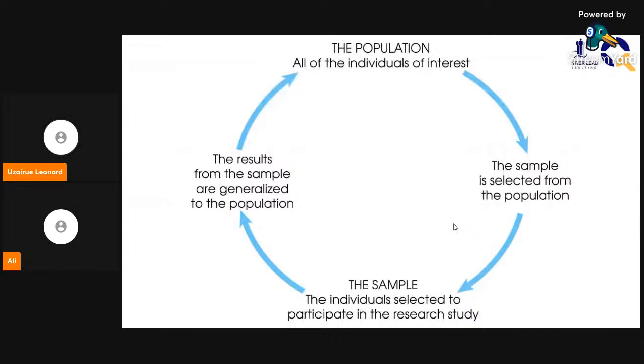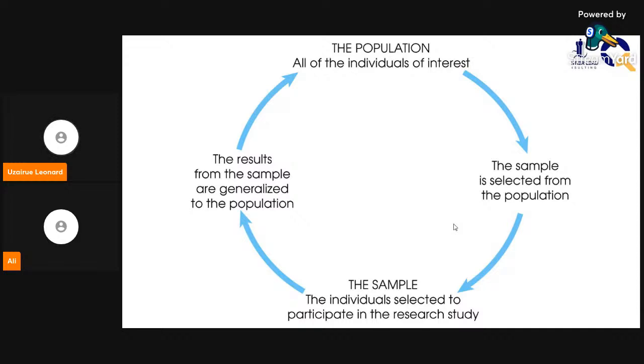Now, this is a graphical representation showing the relationship between sample and population. We've already agreed that the entire population, all the individuals of interest, make up the population. The next thing is the sample is selected from the population, and from the sample you collect the data.